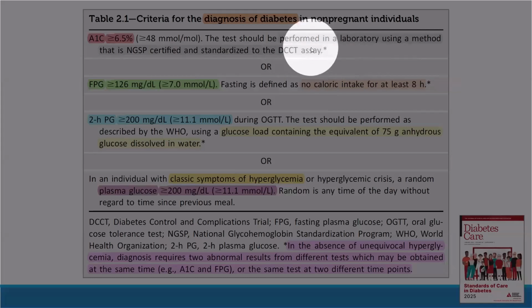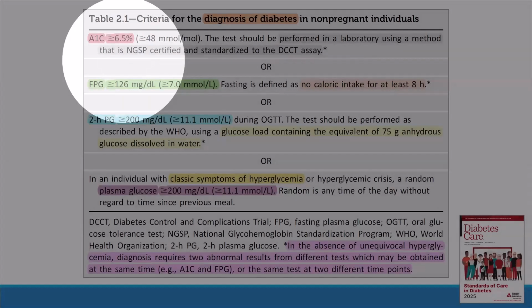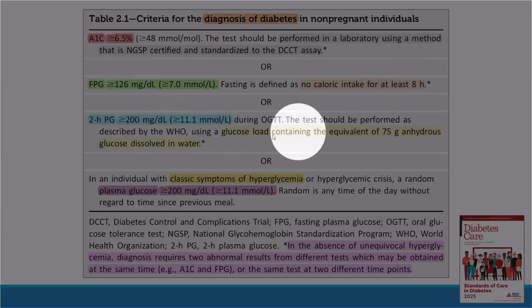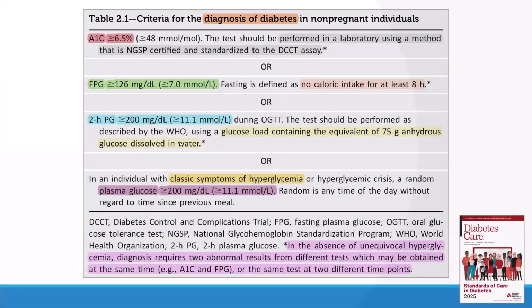This is essential when using point-of-care devices. Specific devices, not all devices are the same. The oral glucose tolerance test should be done with 75 gram anhydrous glucose dissolved in 240 milliliters of water.